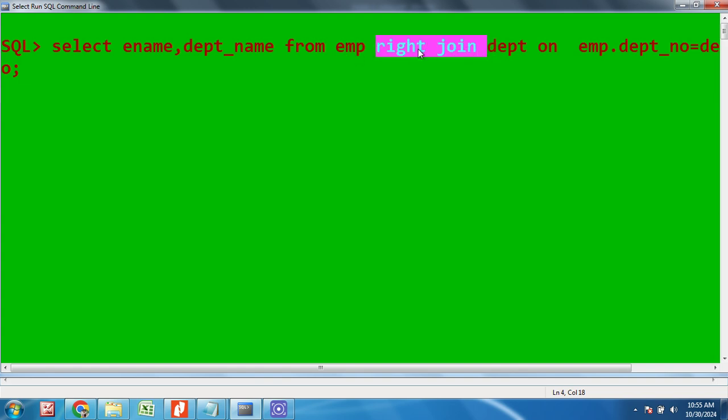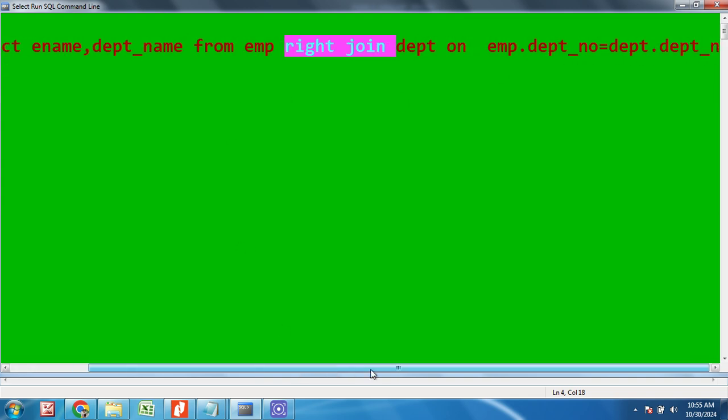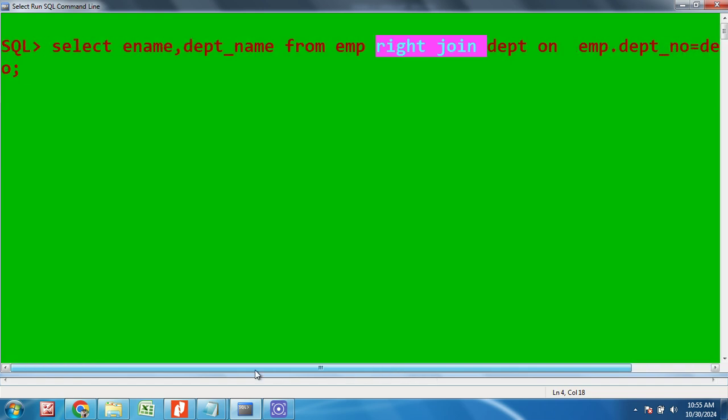Instead of writing where, just observe, we are writing on EMP dot department number equals to DEPT dot department number. Now let's see the output.